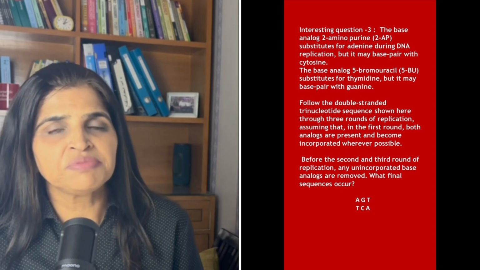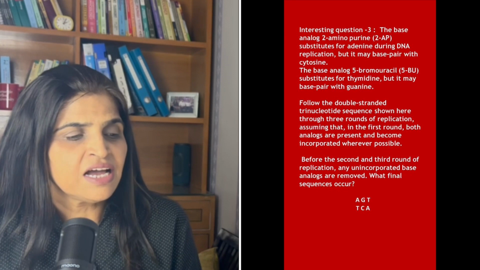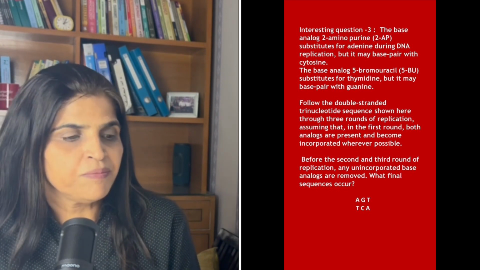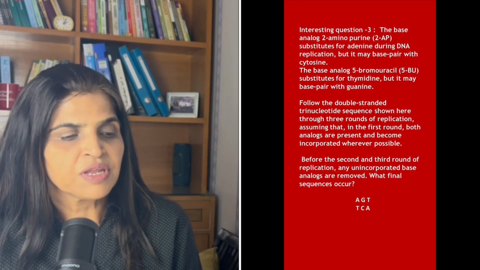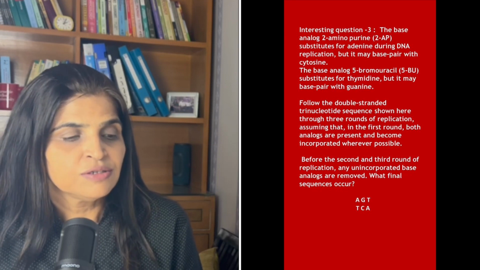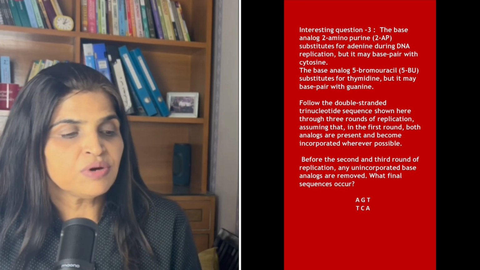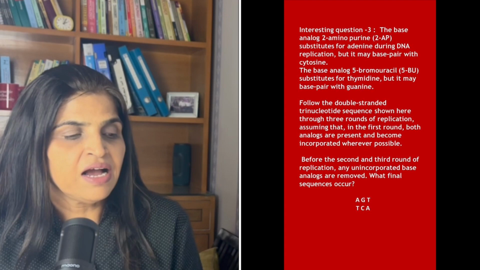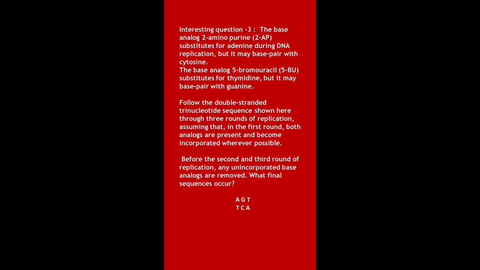But the question which I am presenting to you is that we have a base analog, that is 2-aminopurine, right? So we are using what? 2-aminopurine, and it's a base analog for adenine. So during DNA replication, it may base pair with cytosine.